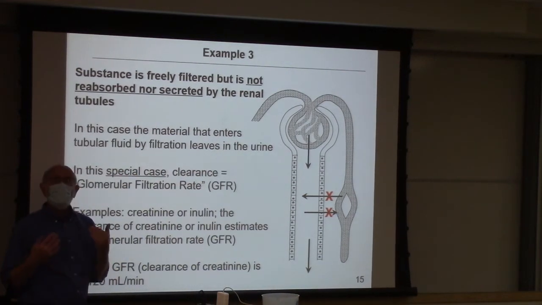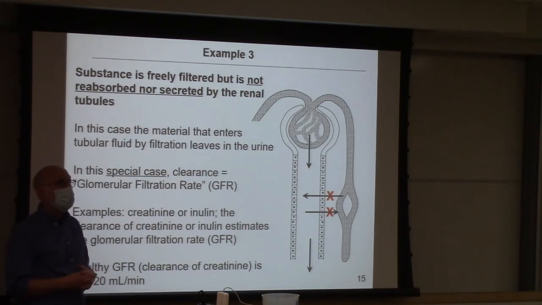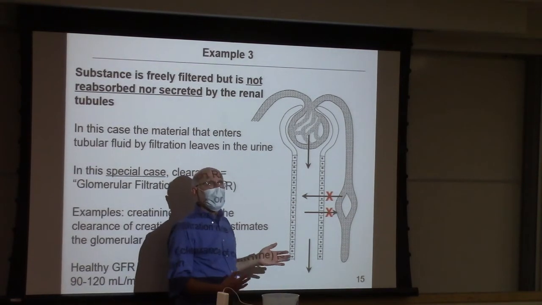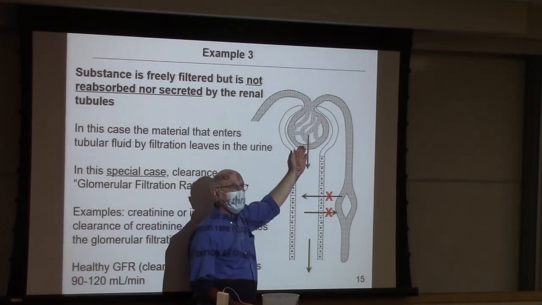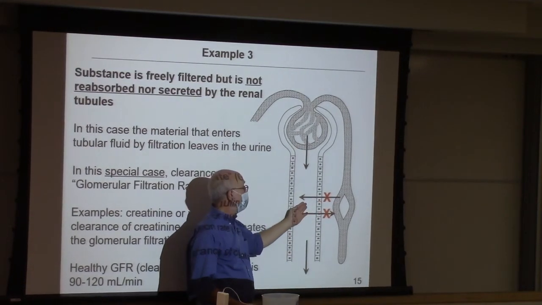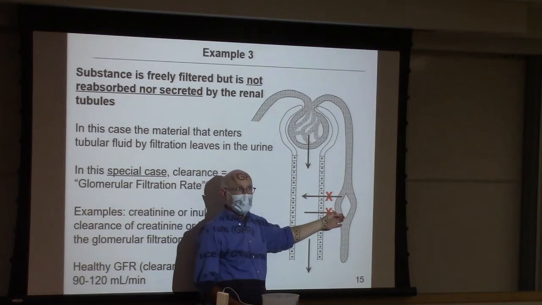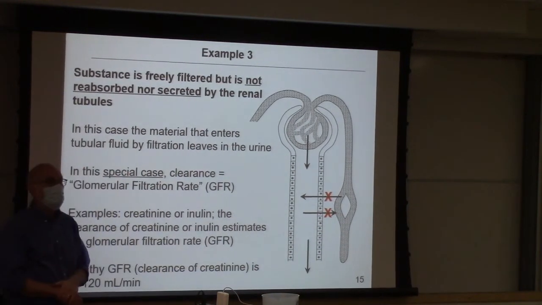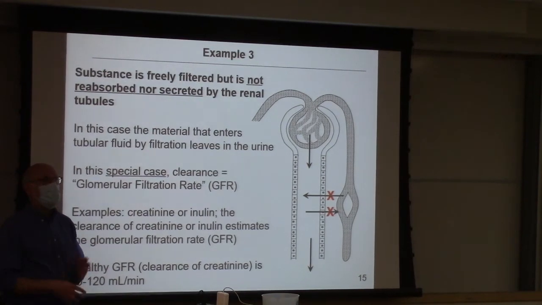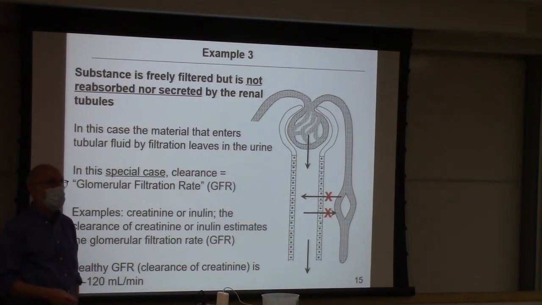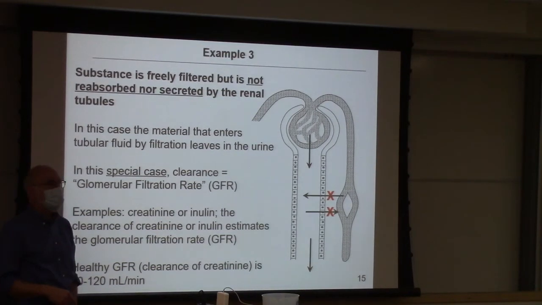In other words, we can measure the glomerular filtration rate by measuring the clearance of a substance that is freely filtered and is not secreted nor reabsorbed. That's how we can measure GFR. And that's how we do measure GFR. And you're going to do this in lab this week. Or next week. Next week we've got case studies, not this week.